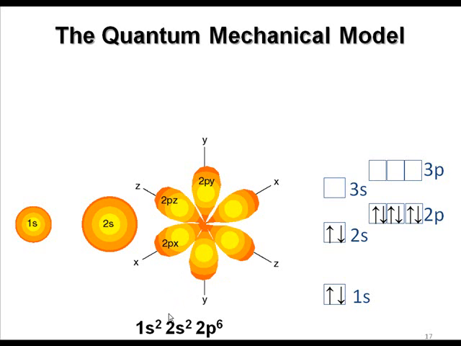This is the second shell. In that second shell, you have the s orbital. The s orbital has two electrons in it. But if you have more electrons, you still have the second shell, but now the p orbitals become part of the locations, and you have a total of 6 electrons possible in the p. Notice it's all in the second shell.